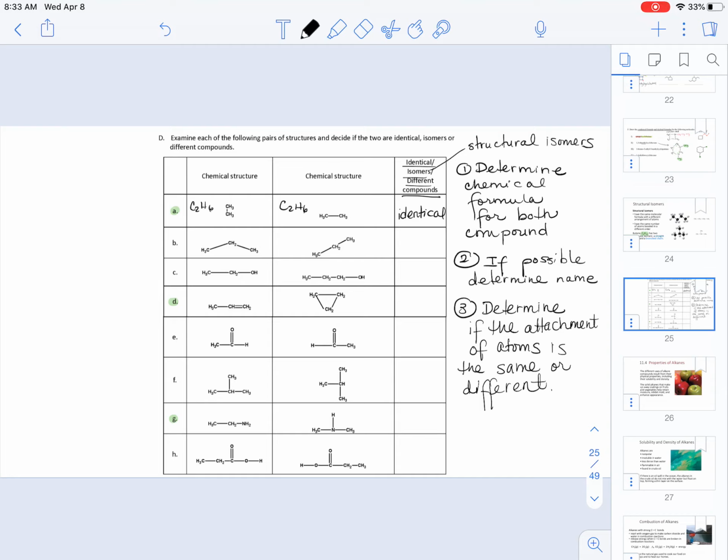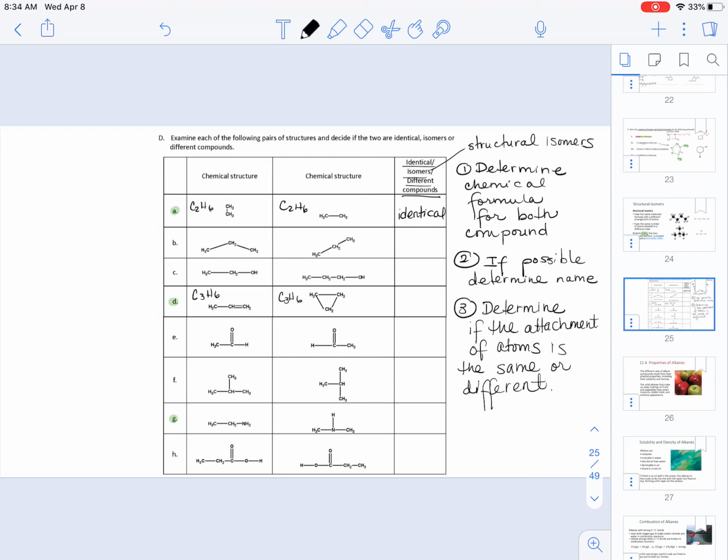If we look at letter D, if we count the number of carbons and hydrogens, we see that we have C3H6 on both compounds.